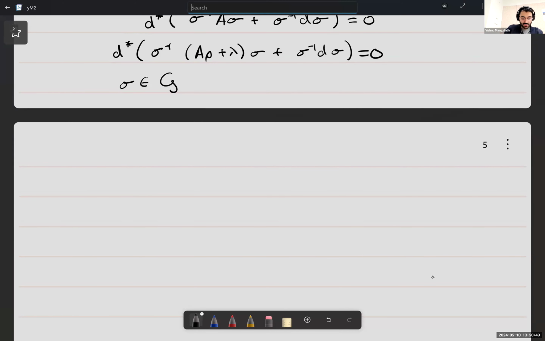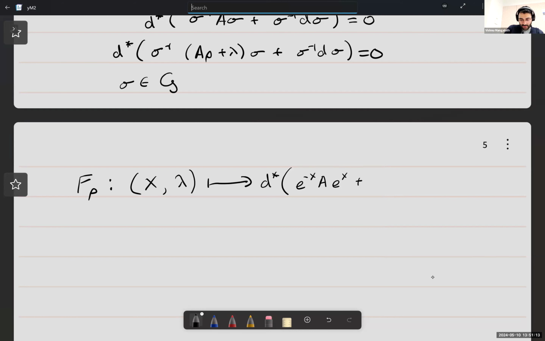We consider the map F rho, which takes an element X of the Lie algebra and lambda, and we look at d star of e to the minus X (A rho plus lambda) e to the X plus e to the minus X d e to the X, where this is the exponential map from the Lie algebra to the Lie group.